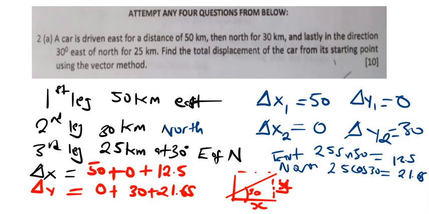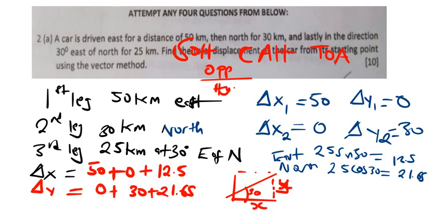Okay, so 25, which is the hypotenuse, so 25 sine 30 will be equal to... let me not assume, let's just remind ourselves. SOHCAHTOA, so sine is equal to opposite over hypotenuse. Okay, so opposite to 30 is the y component. So sine 30 like that is going to give us that.